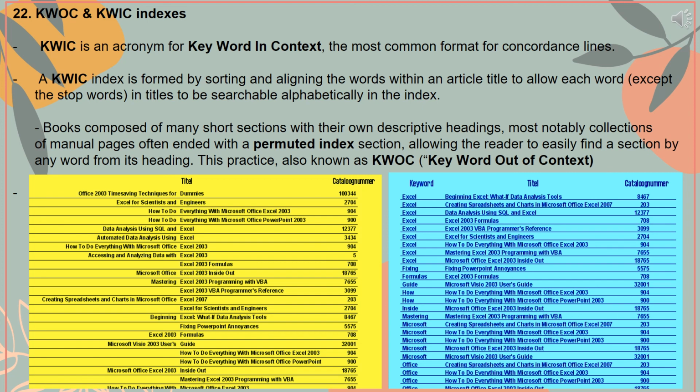A book composed of many short sections with their own descriptive heading, most notably a collection of manual pages, often ended with a permuted index section, allowing the reader to easily find a section by any word from its heading. This practice is also known as KWOC, which is keyword out of context. So this KWOC and KWIC indexes is related to other types of indexes.